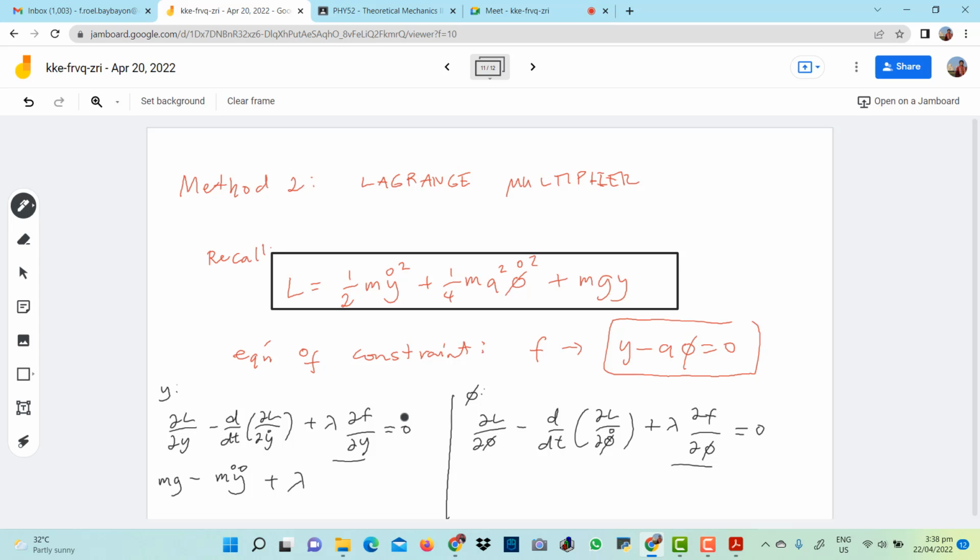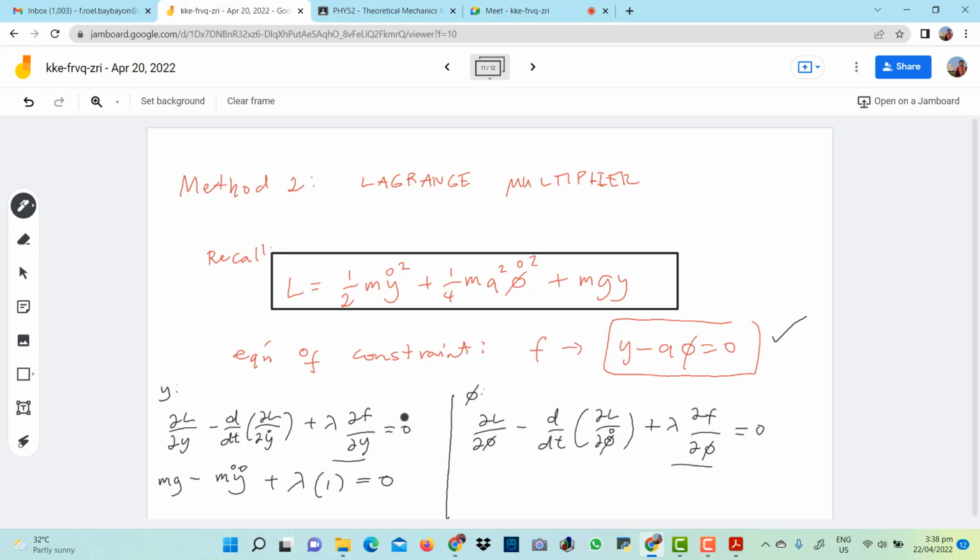Lambda is just lambda. It is a function of time or a constant. And partial f with respect to y, look at this one. As you can see from this equation, if you derive y minus a phi with respect to y, what will you get? Your answer is just equal to 1. Correct? We derive y minus a phi equal to 0 with respect to y, your answer is 1, and this is equal to 0.